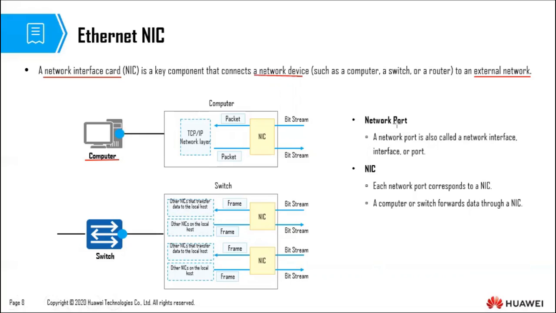So it's called a network port, or a network interface, or simply an interface or a port. All those names are used to describe a network port. Each network port corresponds to a network interface card, as I said earlier. A computer or switch will forward its data through a NIC. So that is what we call an Ethernet NIC.